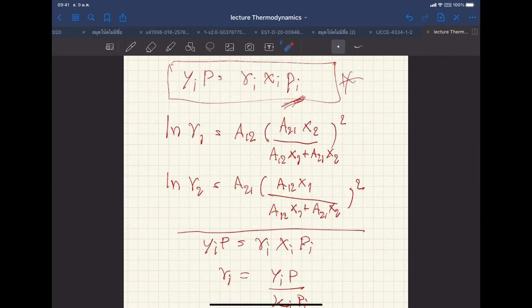Okay, our unknowns are P, the first thing, and x1 and x2. In this case yi is already known.